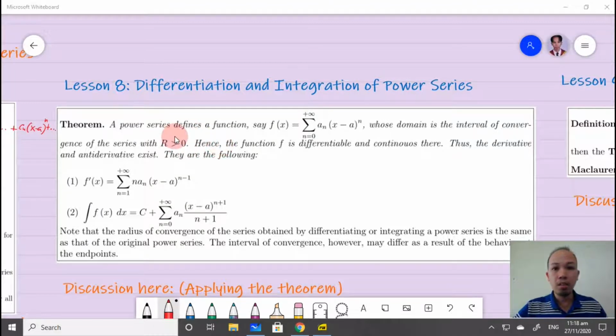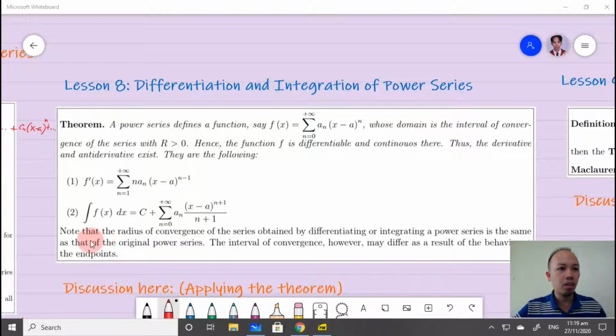Remember that this is a theorem, so it requires that our radius of convergence is greater than 0. Hence, the function f is differentiable and continuous there. Thus, the derivative and antiderivative exist, and they are the following. Number 1 is for differentiation, and number 2 is for integration.